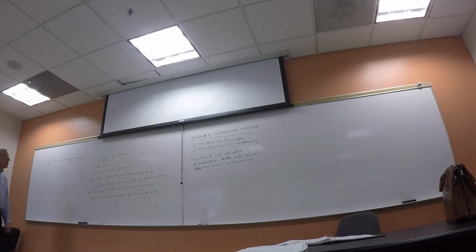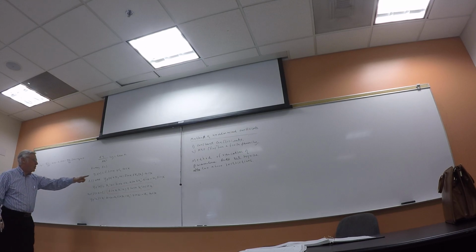Okay, so that's basically the yp double prime plus yp. Okay, where's my yp? Right over there. u1 sine plus u2 cosine.